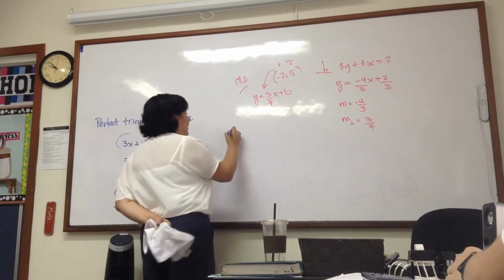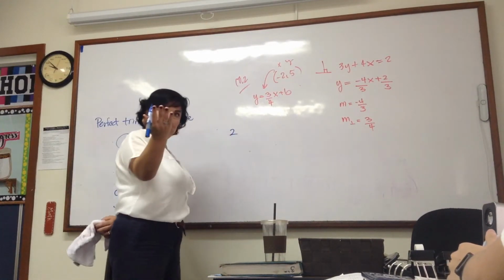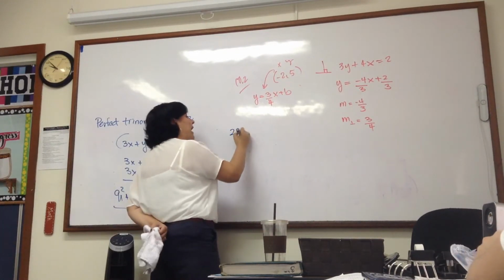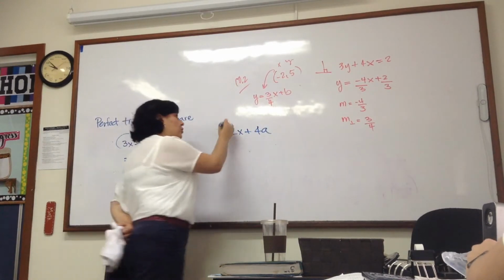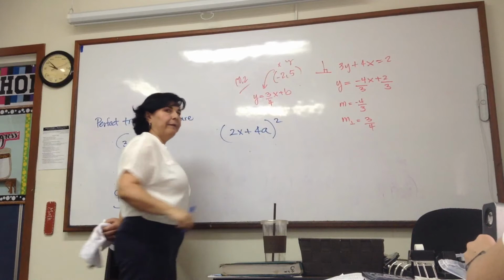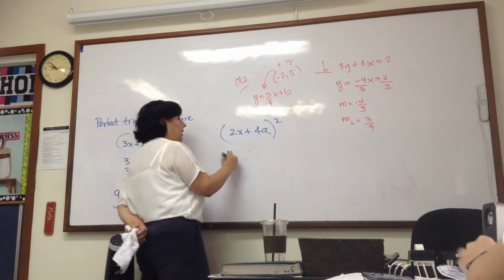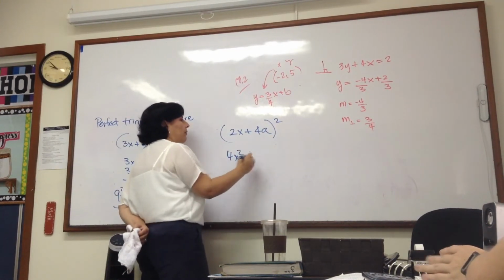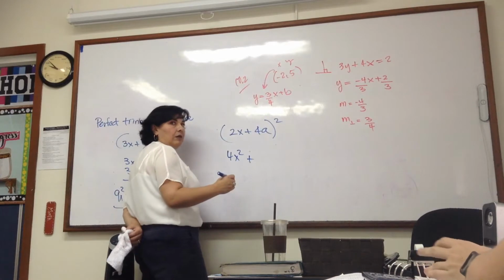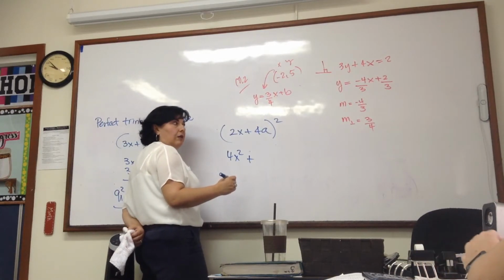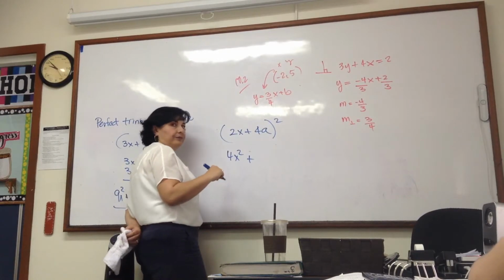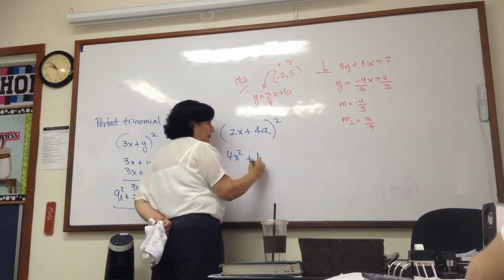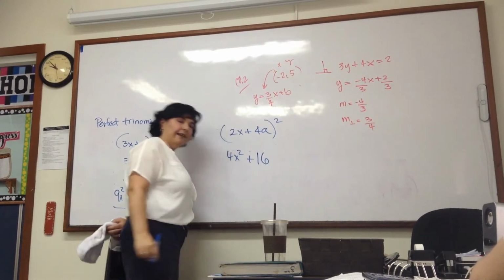But if I have, for example, mentally, if you want to do it mentally, 2x plus 4a squared, what does that give me? 4x squared plus twice this one times this one. 8xa plus 8xa, 16xa.